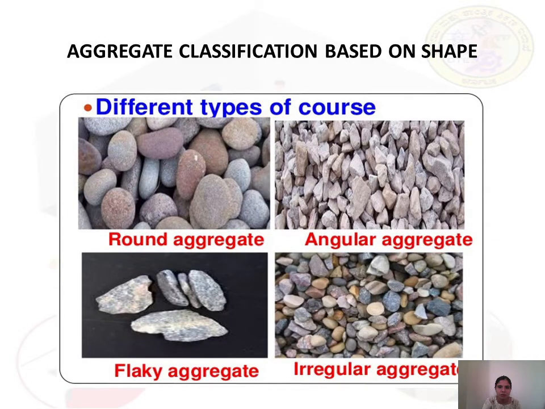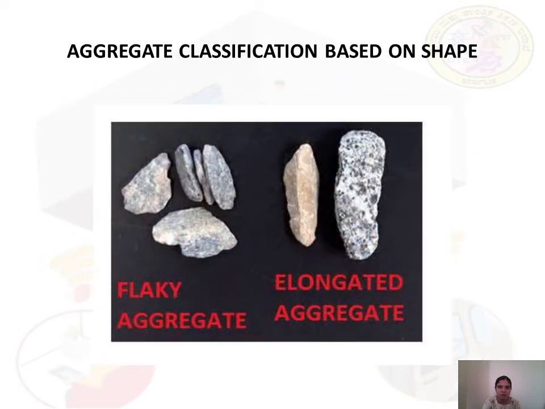Flaky aggregates are defined as those whose least lateral dimension is less than 0.6 times the mean dimension. You can see here in the sketches.